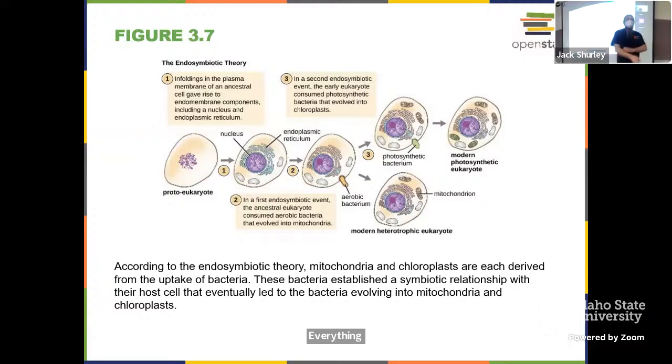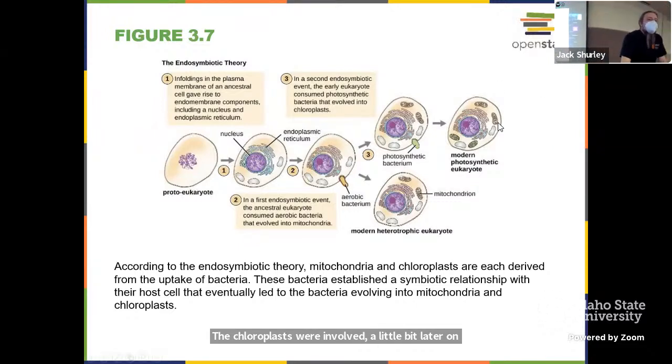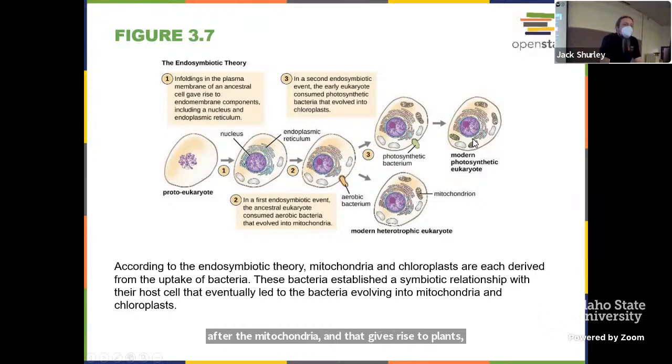Thinking eukaryotes, not everything, but every eukaryotic organism has mitochondria in them, right? But not everything has chloroplasts, or we'd all be green, right? The chloroplasts were engulfed a little bit later on after the mitochondria, and that gives rise to plants, right? And we can see up here, mitochondria and chloroplasts, and below just the mitochondria. Really pretty cool stuff as we think about it.